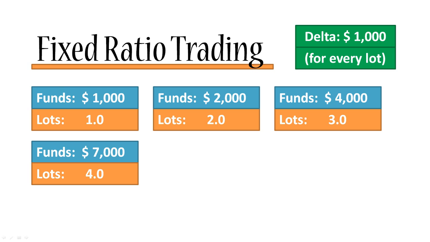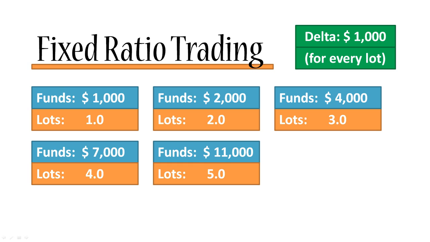So currently our funds are $7,000. Our funds have to increase by 4 deltas, which means $4,000, which means $11,000. As soon as we have $11,000 on our account, once again, we don't know how long it'll take us to get there, but as soon as we get there, we are allowed to increase our lots to the next step, which is 5 lots, and so on.